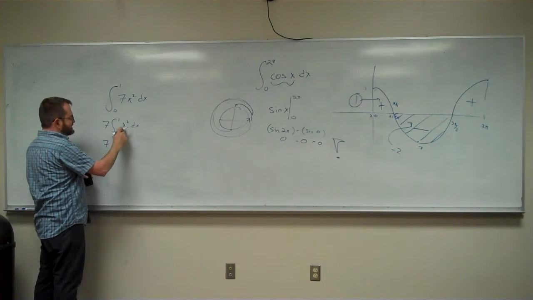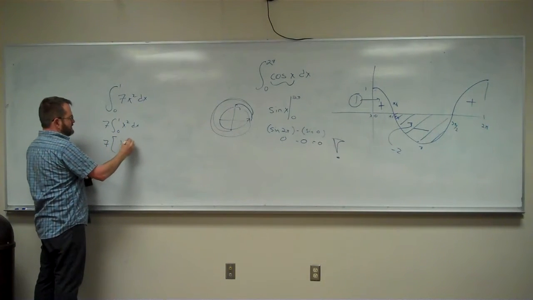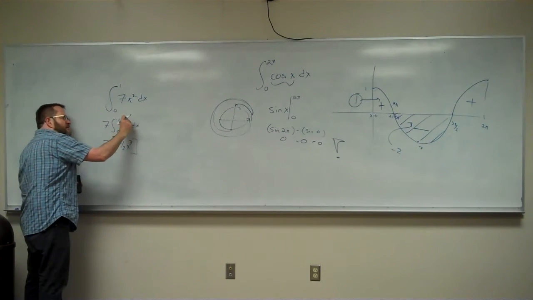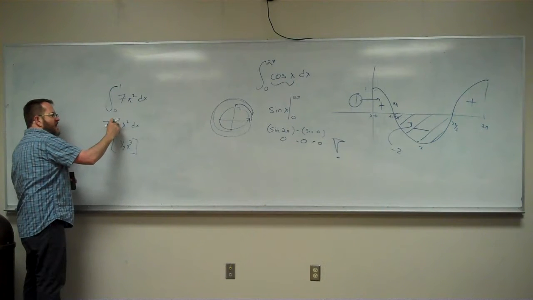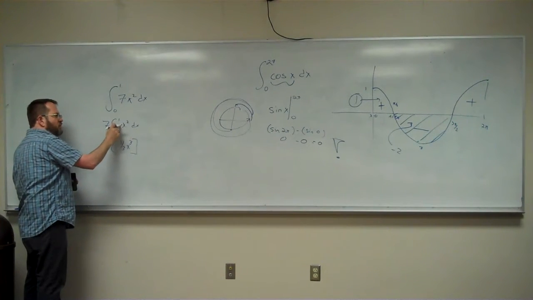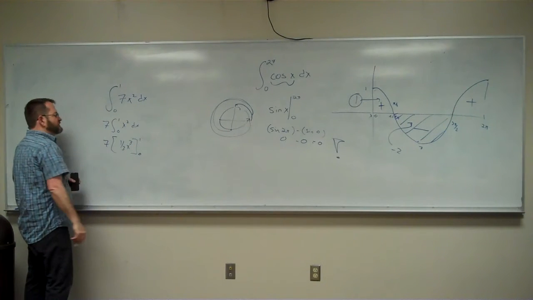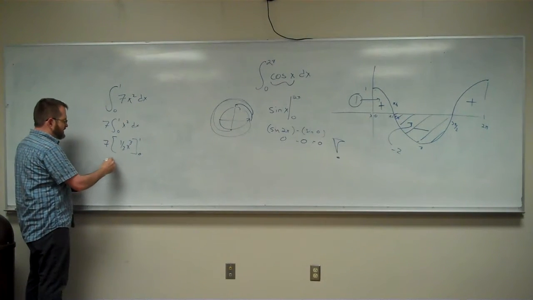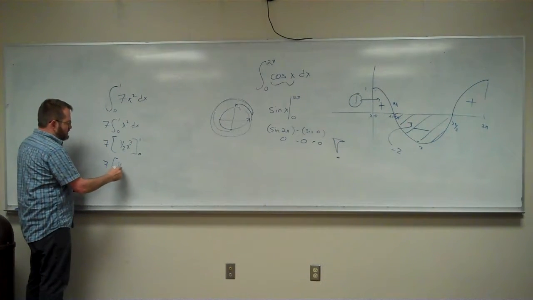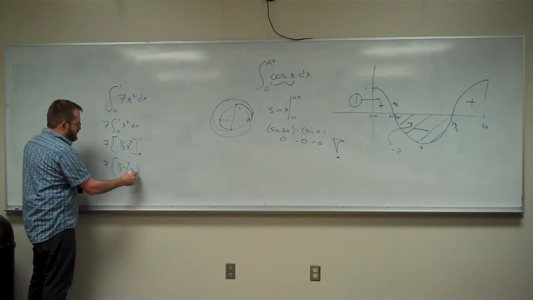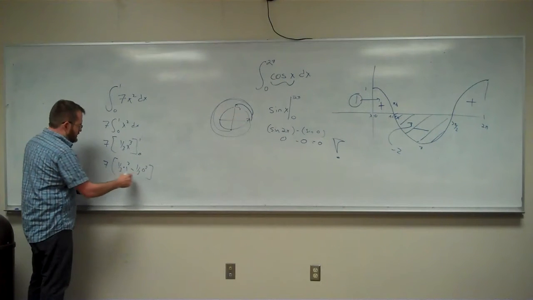7 times, let's see, what's the antiderivative of this? 1/2 x squared. No, 1/3. You increase the power by 1, and then out in front of it, you make a coefficient that's 1 over that power. Yep. And then that's going to be evaluated from 0 to 1. So this is 7 times 1/3 times 1 cubed minus 1/3 times 0 cubed.